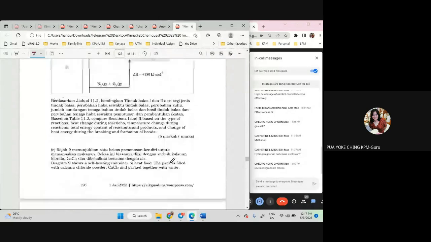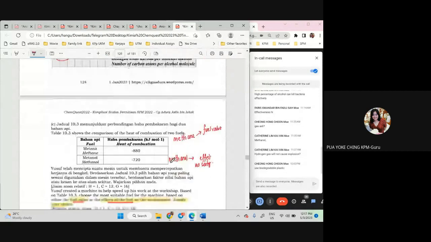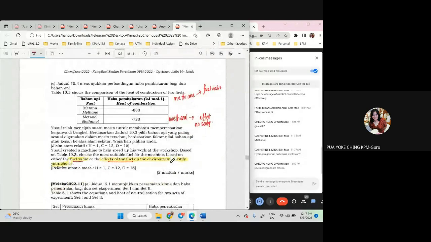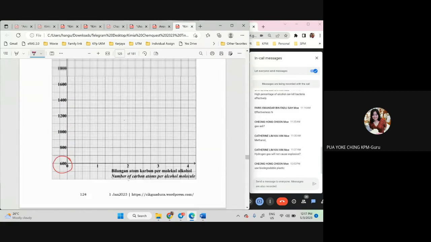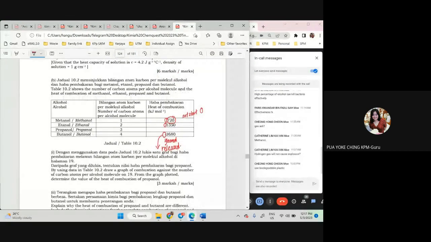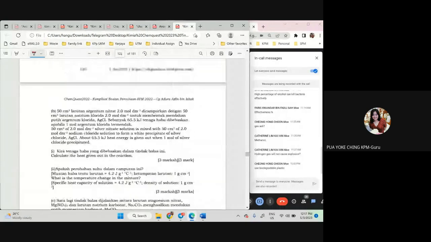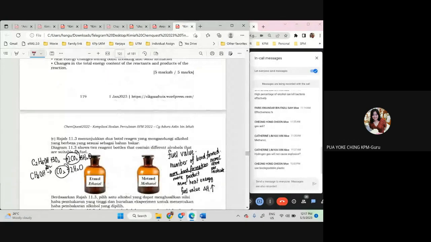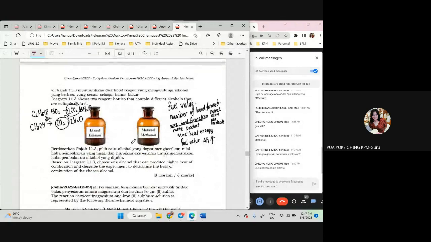Kalau few value yang tadi, okay, tengok, pilih bahan api yang paling sesuai and then wajarkan pilihan anda. They ask you to choose and then justify. Even the before this pun sama. It will ask you to choose, and then describe.